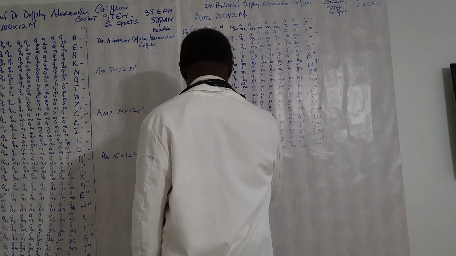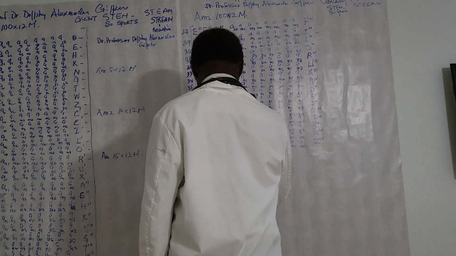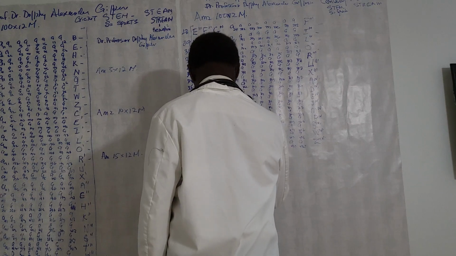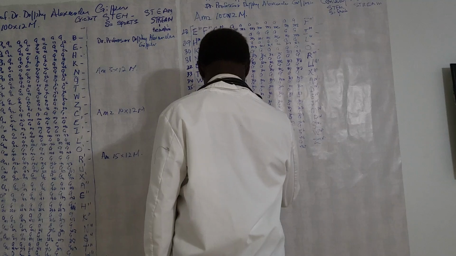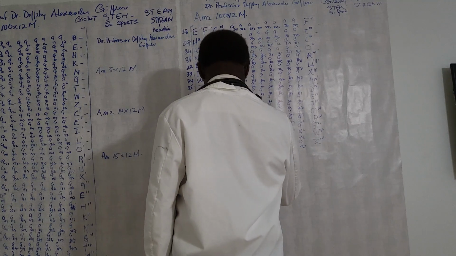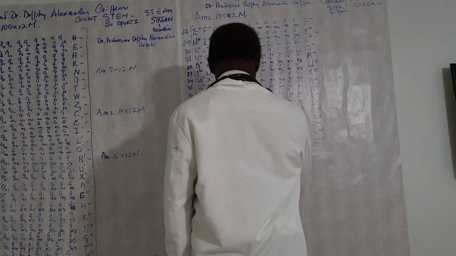And so we have B to the 5th differential order, C to the 5th differential order, and E to the 5th differential order.